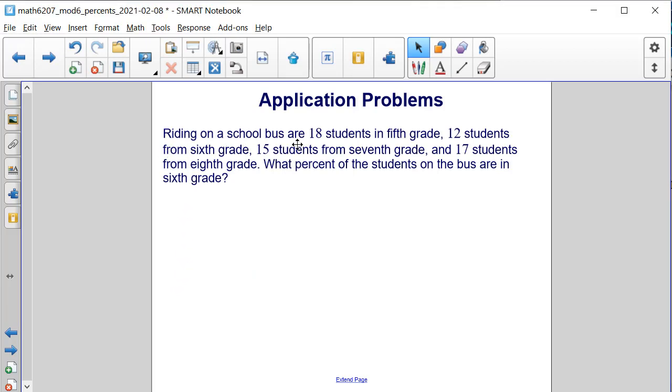Riding on a school bus are 18 students in 5th grade, 12 students from 6th grade, 15 students from 7th grade, and 17 students from 8th grade. What percent of the students on the bus are in 6th grade? Well, let's first figure out the total number of students that there are on the bus.